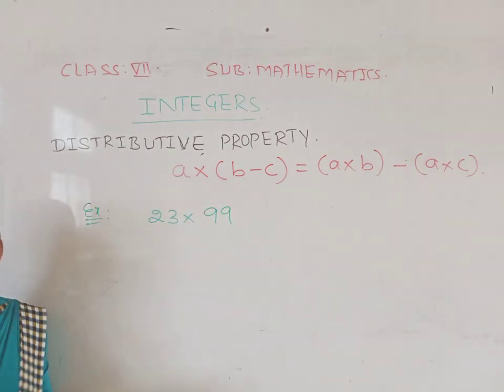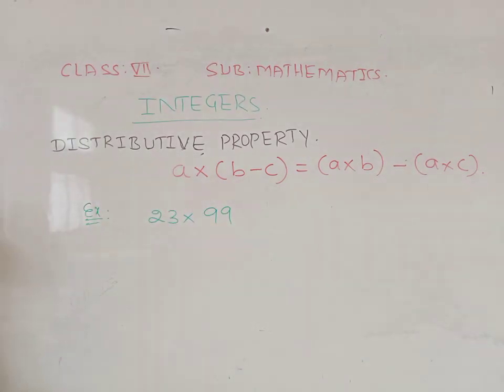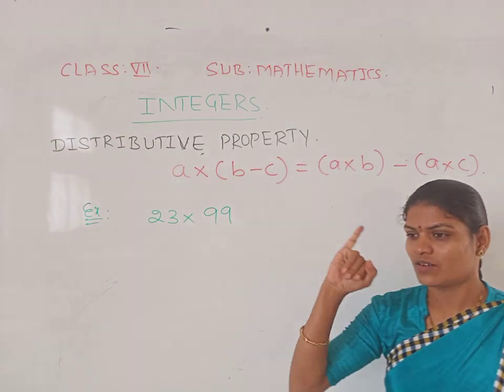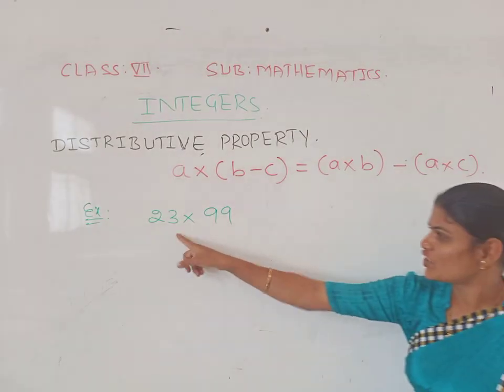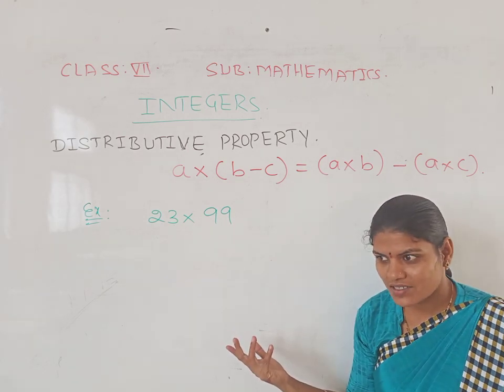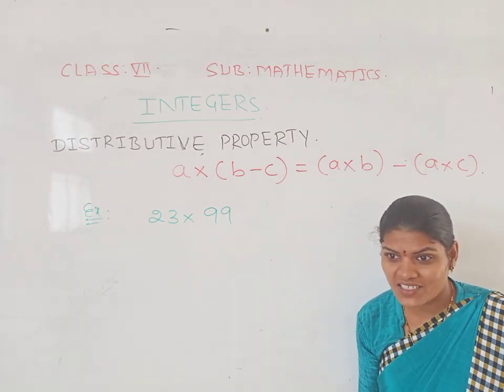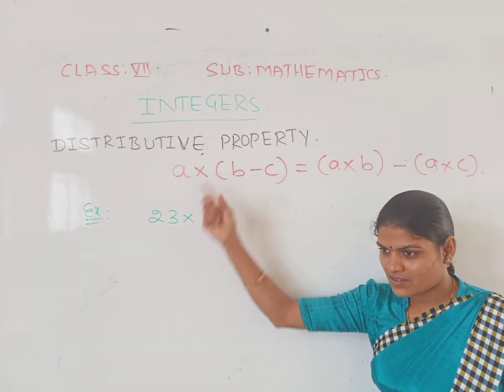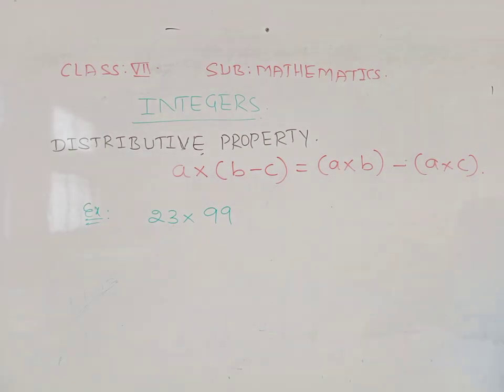Very interesting number, 99. How can you split this one? 100 minus 1. 23 ones you can answer, 23 hundreds you can answer easily. Yes, it gives the very easiest multiplication. This is the distributive property. Yes, do it fast. 23 into 99.